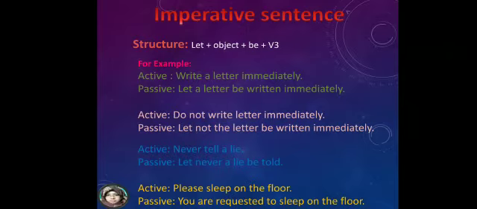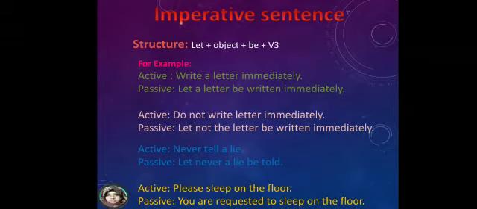Second example is, do not write a letter immediately. When the active voice starts with do not, then the sentence will start with let not, then letter, then be, then V3 form of verb, then immediately. Third example is, never tell a lie.